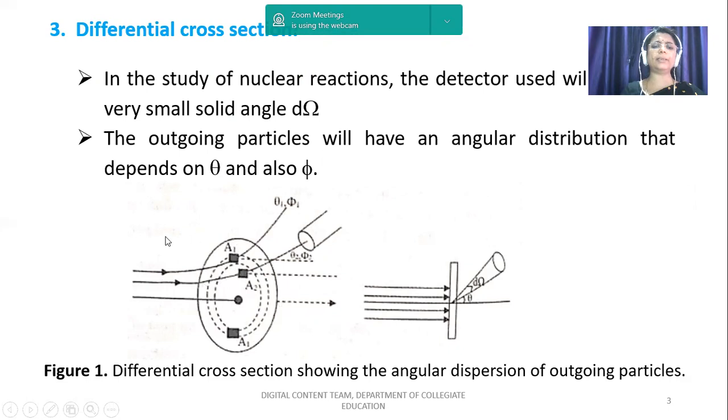When the particles fall on it, how they will be subjected to different angular deflection, that we'll consider in the next step. And this diagram represents the solid angle d omega, which is made at the center of the target with respect to the detector, which can record the number of particles which are reaching the detector.